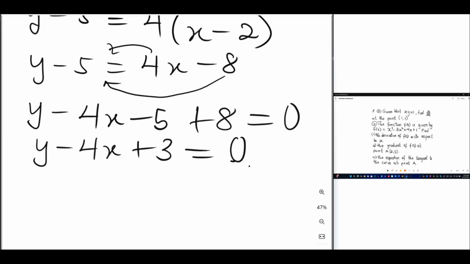So if there's no y component in the gradient function, you only substitute the x component, and that will give you the gradient of the curve at that particular point. Now, if the tangent touches the curve at that point, then it means that point is also on the tangent. And you should know how to find the equation of any straight line of a tangent. You only need a gradient and one of the points on that particular line.